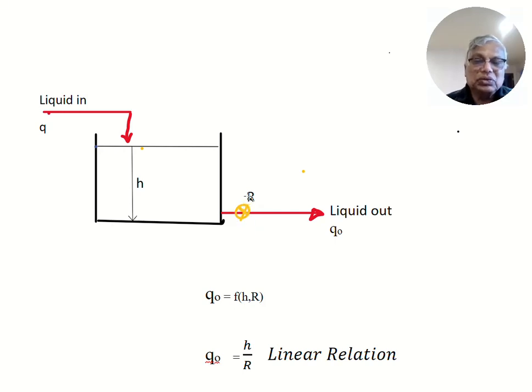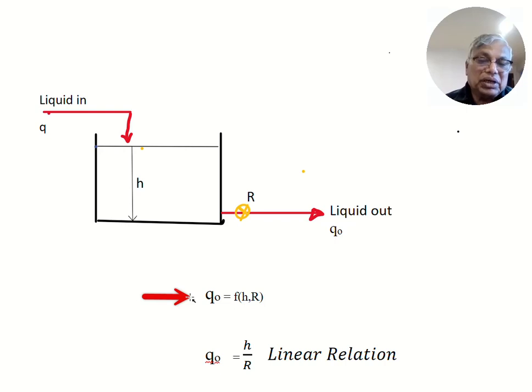So the volumetric outflow Q naught will be a function of the height H and the resistance R.